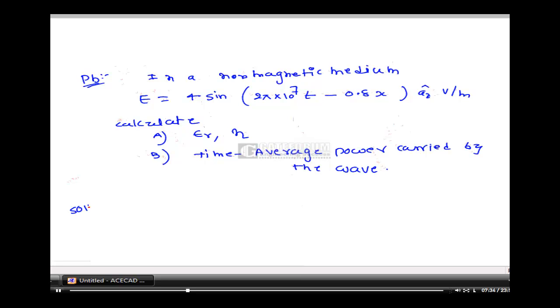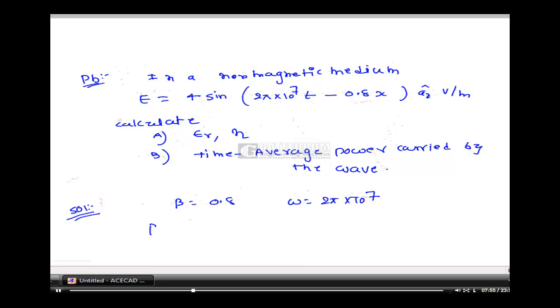The solution to this problem: we first have to calculate epsilon r. Here the general formula is sin(omega t minus beta x), so beta is equal to 0.8. Omega is given as 2 pi into 10 power 7.